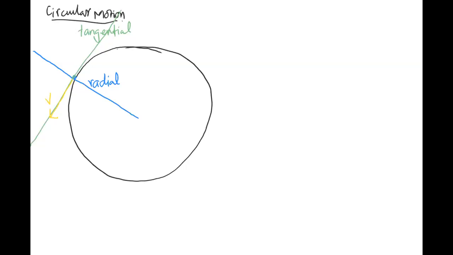If the speed changes with time, then it is non-uniform circular motion. For the moment, I'm just talking about uniform circular motion. If the speed of the particle is v, then the acceleration must be equal to v square by r, and the direction of the acceleration must be towards the center of the circle.